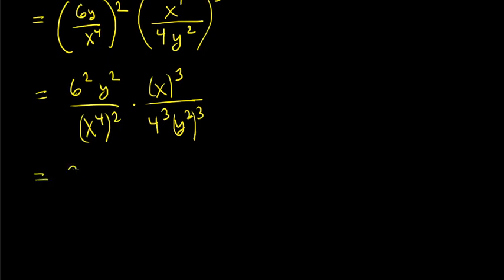Well, 6 squared, 6 times 6 is 36, right? Times y squared, divided by x to the 4 times 2, so x to the 8, times, and then x to the 3, divided by 4 cubed, 4 times 4 times 4, 64, right? And then y squared cubed, y to the power 2 times 3 is 6.